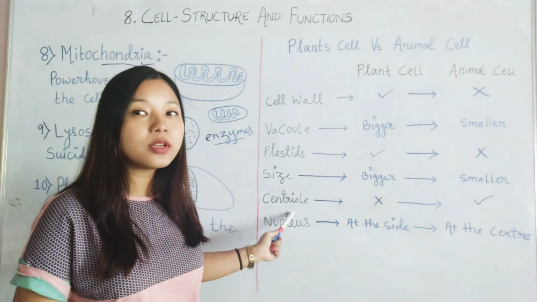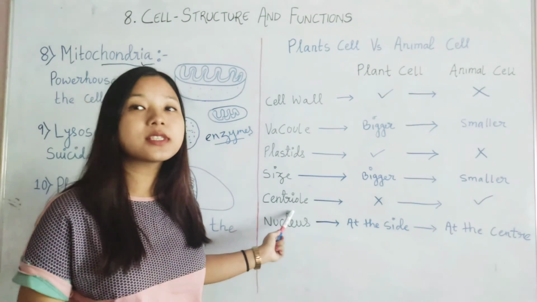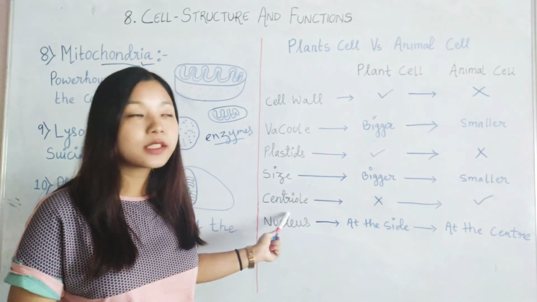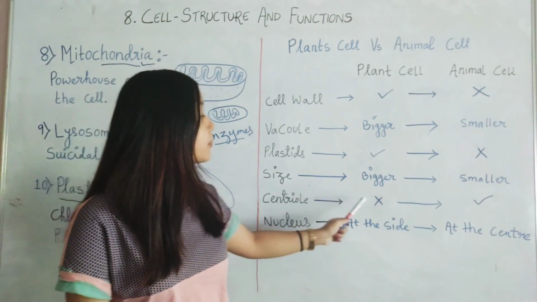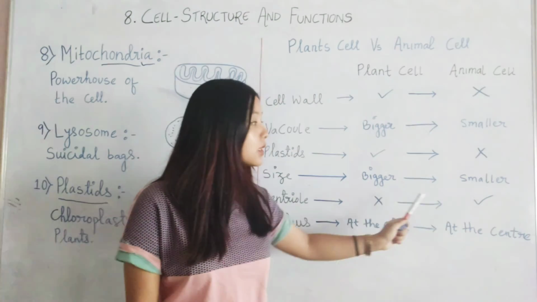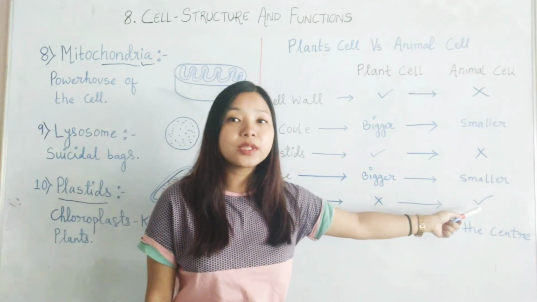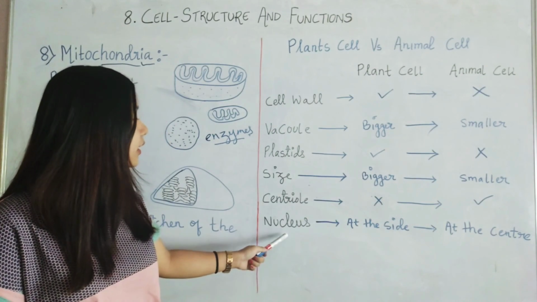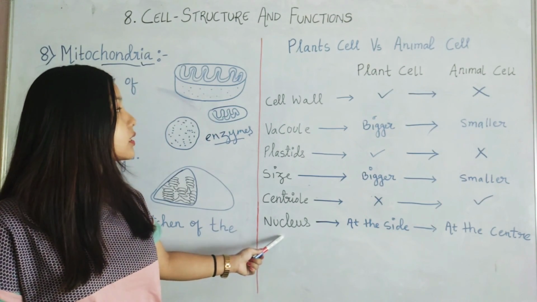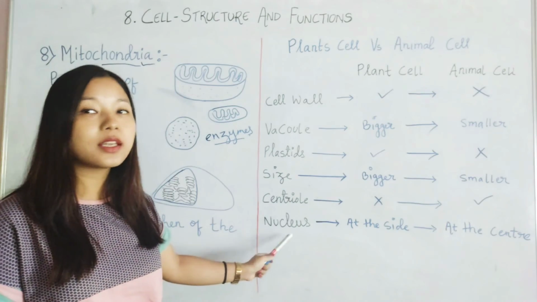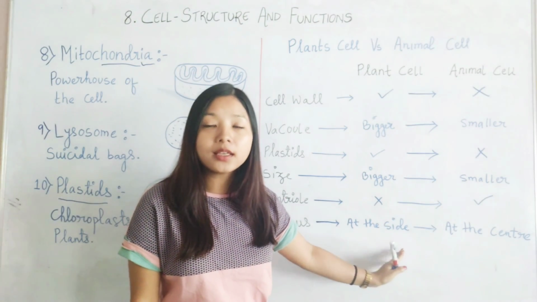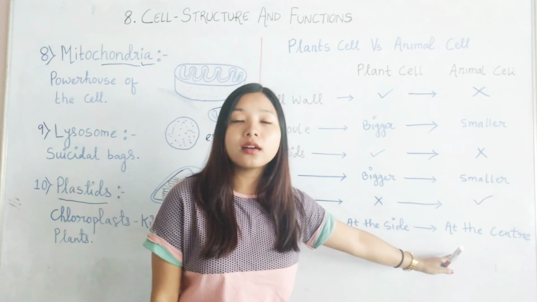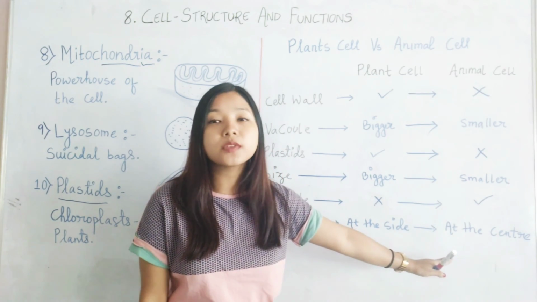Centriole is also a part of the cell which you will study in your further classes, but for now remember centrioles are absent in the plant cell but present in the animal cell. The nucleus of the plant cell is generally towards the side of the cell, while in the animal cell it is somewhat at the center of the cell.